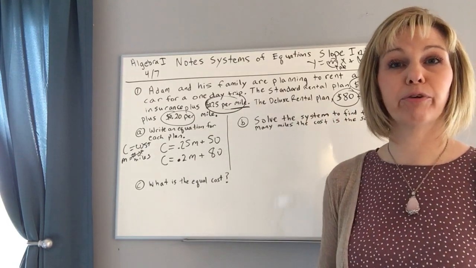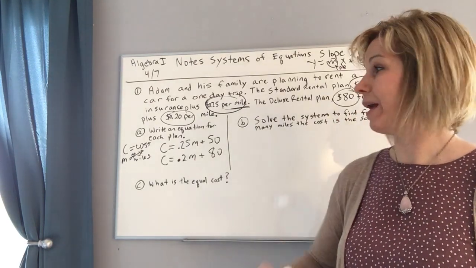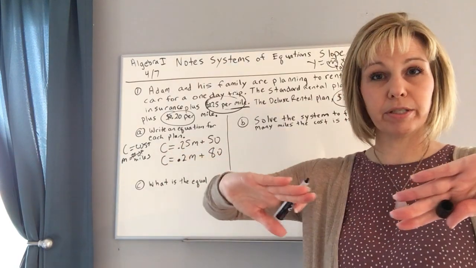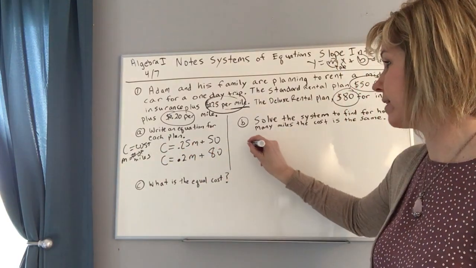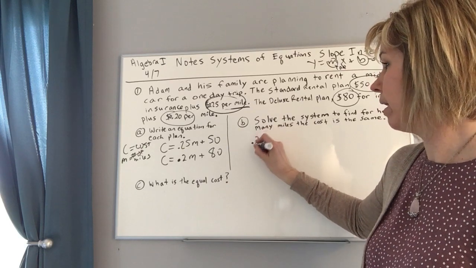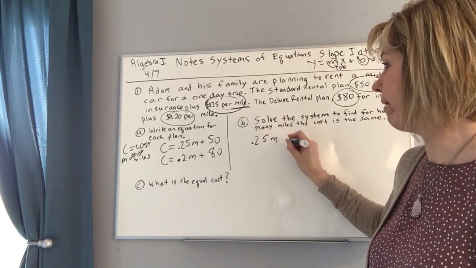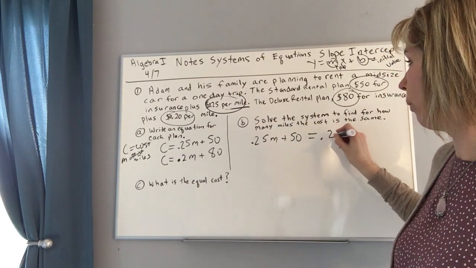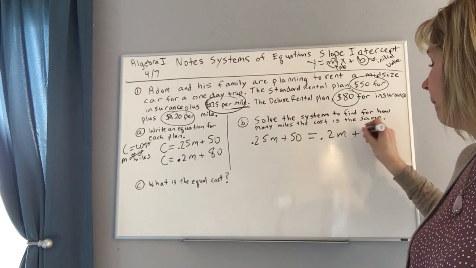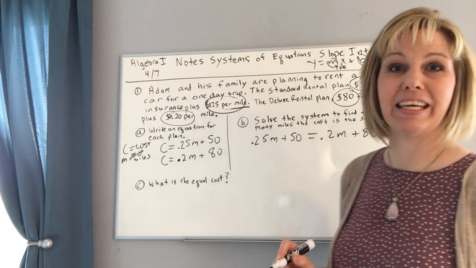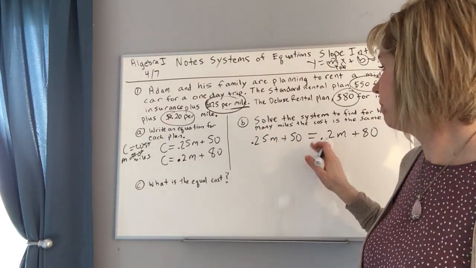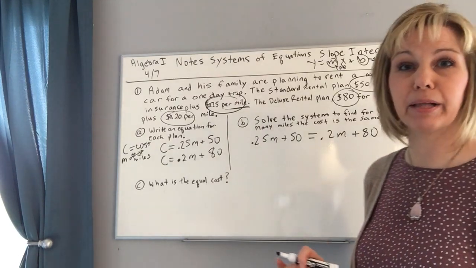miles can you go for the cost to be the same? Basically you're solving where we put the costs equal to each other. So you're going to use substitution, what we did yesterday: 0.25m plus 50 equals 0.2m plus 80.